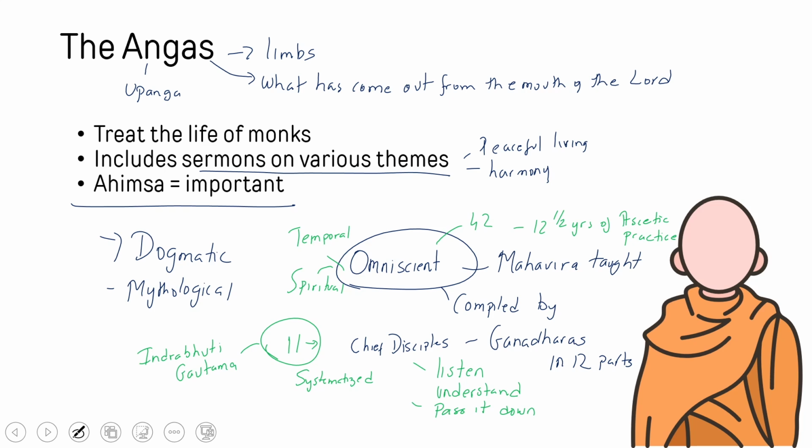Now, what are the Angas we have seen? We know that there are 12 parts, or the 12 Angas. What are they? We will deal with that in the next class. Okay, thank you.